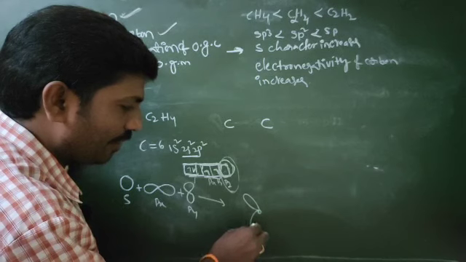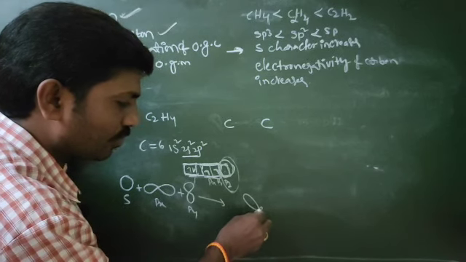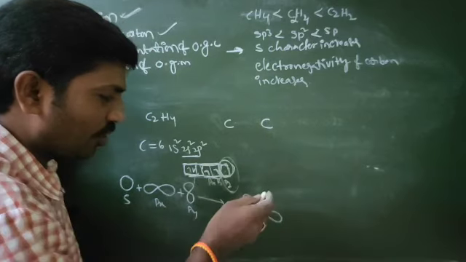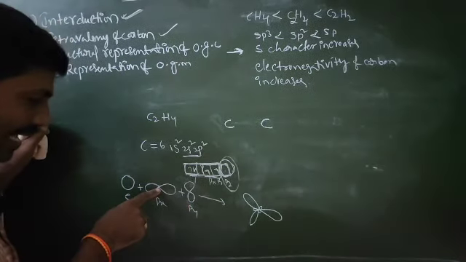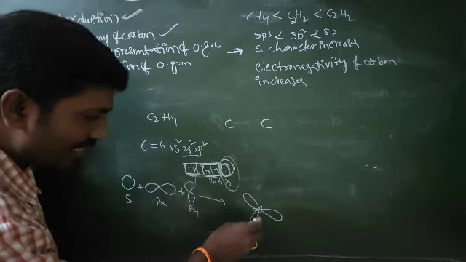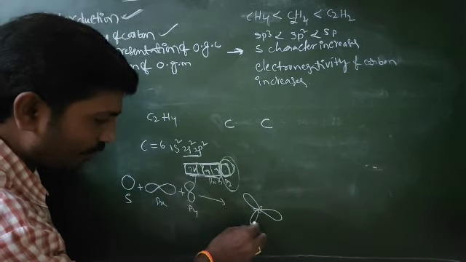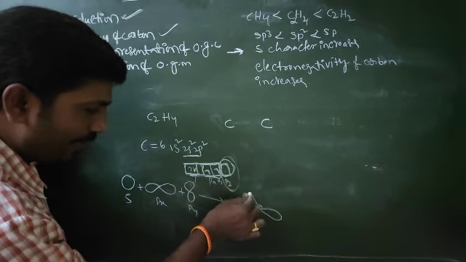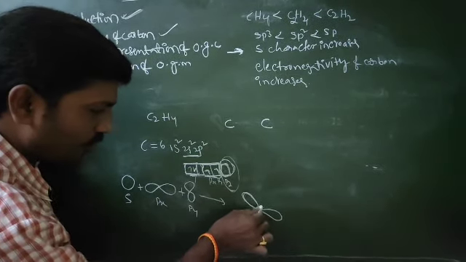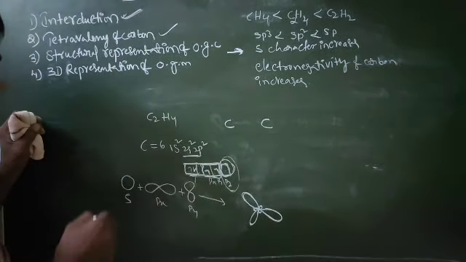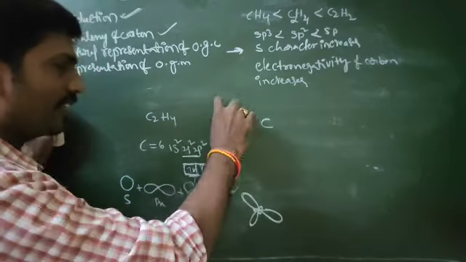Like this, 2 p orbitals and the s orbital will intermix. Like this, 3 orbitals will form, each with a big loop and a small loop. One big loop and a small loop, one more big loop and small loop. Total 3 orbitals formed. This 3 I will keep here.